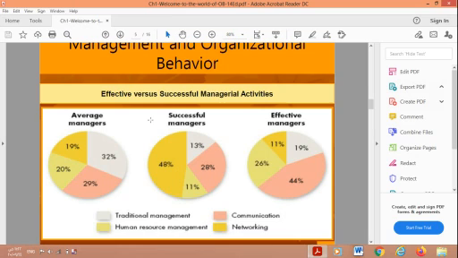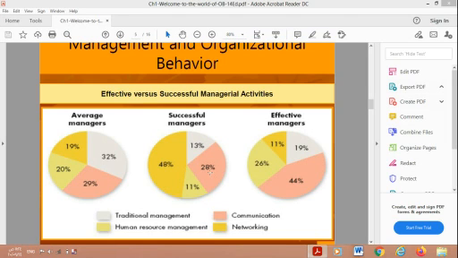While for the successful manager, most of his time is focused on networking, less than half of their time, while the least time is spent on human resource management. While for the effective managers, most of their time is spent on communication, 44%, and the least of their time is spent on networking.